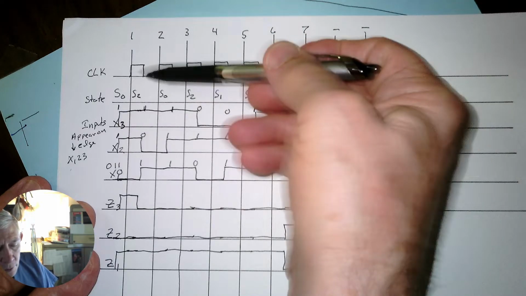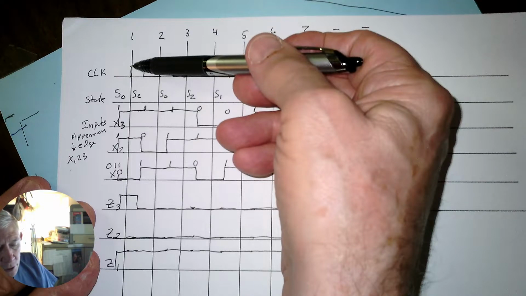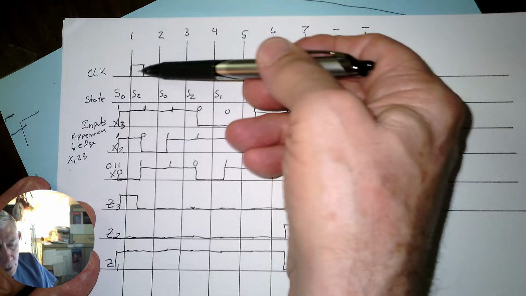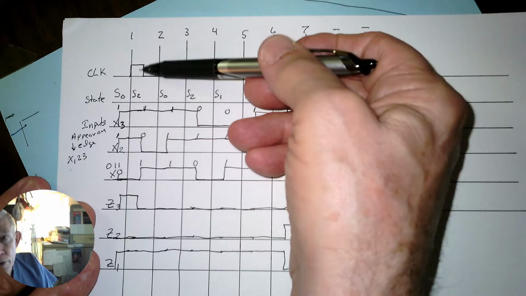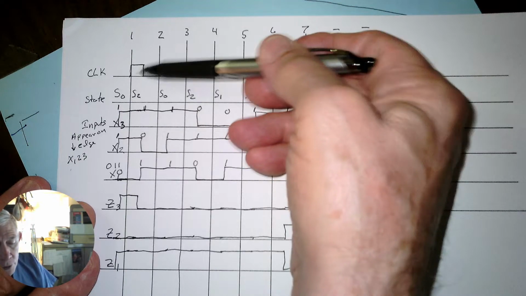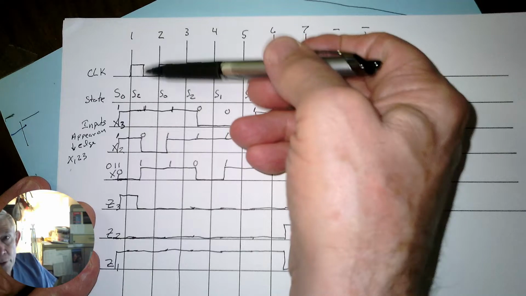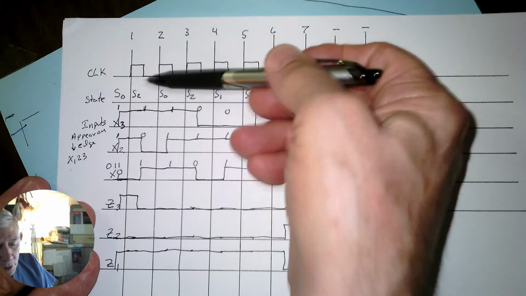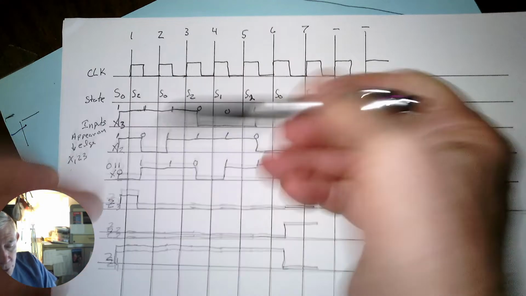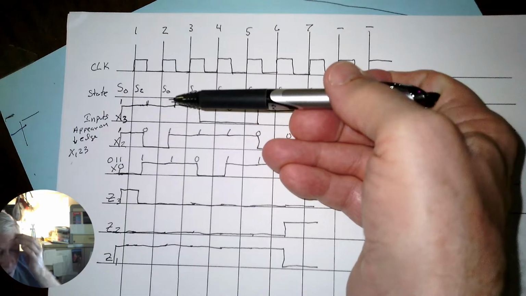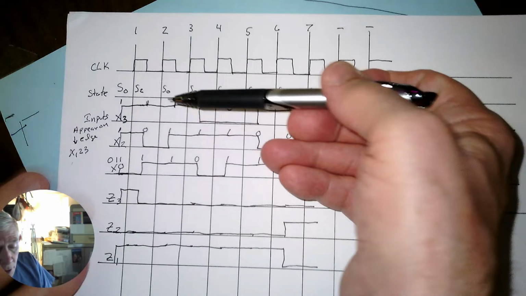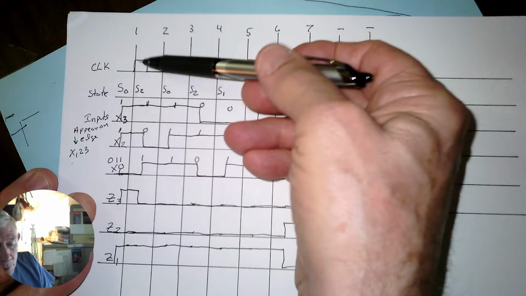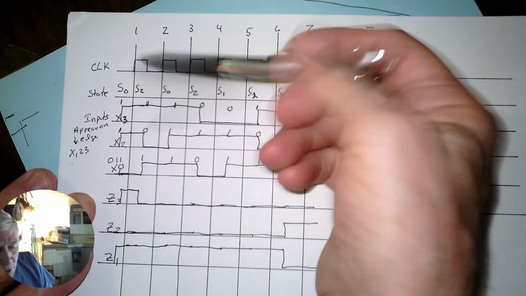At the rising edge, the flip-flops change, and then we have a potential for false outputs. We don't want to read the outputs here because the new inputs haven't arrived, and the Mealy outputs will be driven by the new inputs. I'm not going to draw any false outputs, but of course there would be, because until the new inputs come, we would be operating on the old inputs.